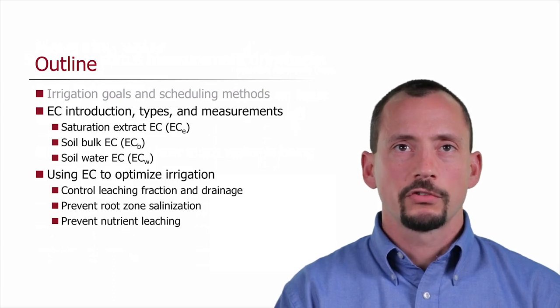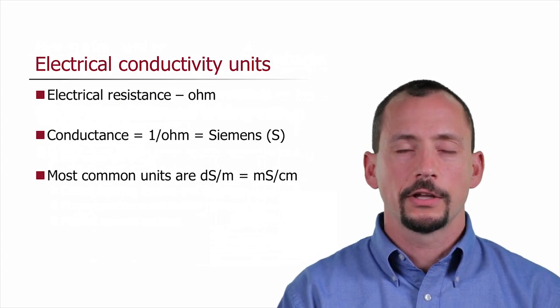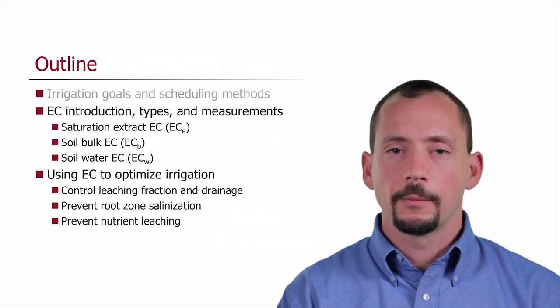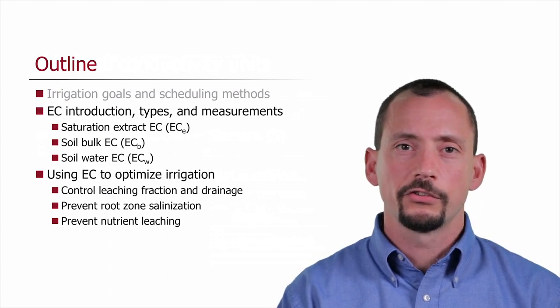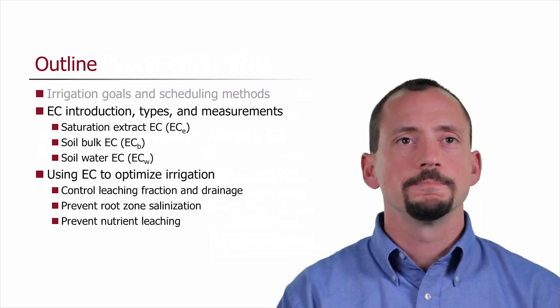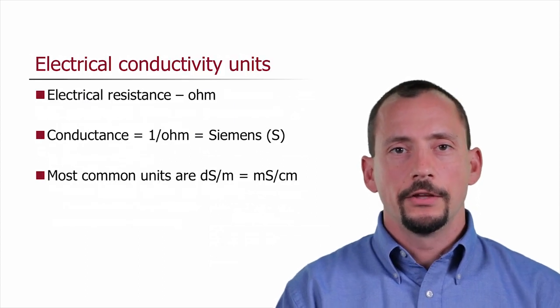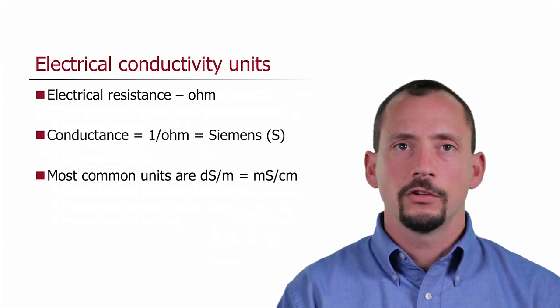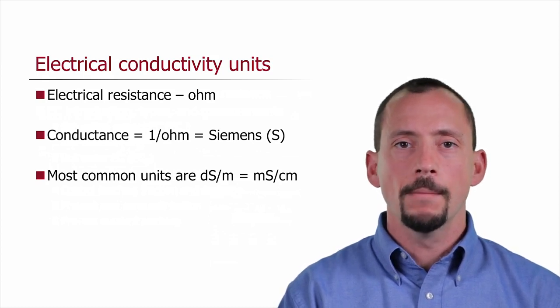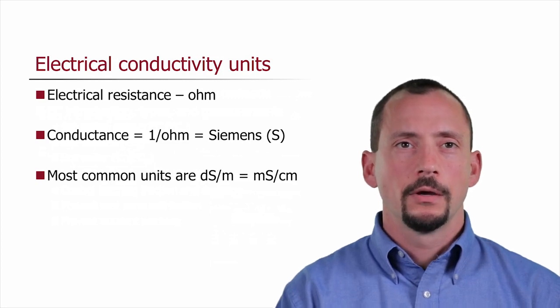So let's switch gears a little bit and talk about electrical conductivity. Let's talk about the three types of electrical conductivity, the measurements that we can make of those three types, and what those tell us about the soil. First, a review of units. The unit of electrical resistance is an ohm. Conductance is 1/ohms, so that's a mho, or these days in SI units, a Siemens.